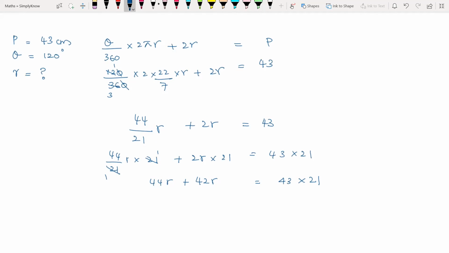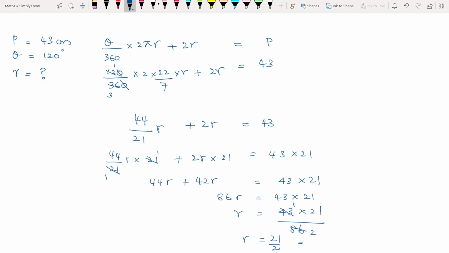Then 44r plus 42r is 86r. 43 times 21. Then r equals 43 times 21 divided by 86. Now, when we multiply 43 by 2, we get 86. Therefore, we can simplify these two numbers. And we get r equals 21 over 2.